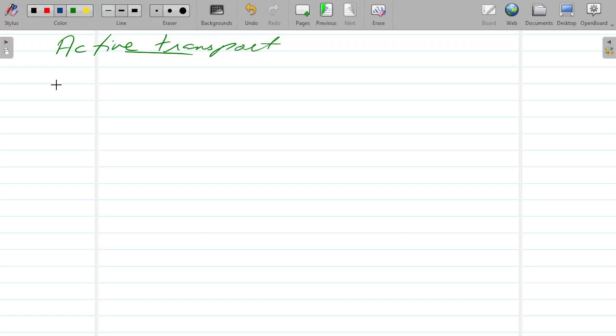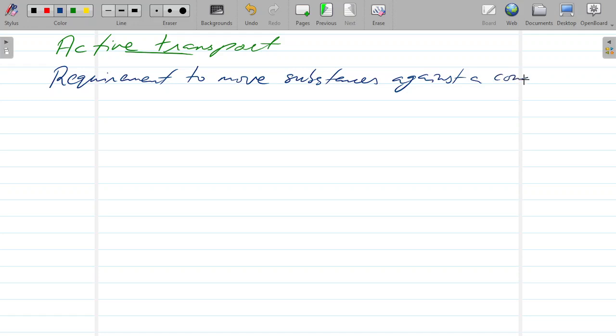Now, in many different processes and happenings of the body, there is a requirement to move substances against a concentration gradient.